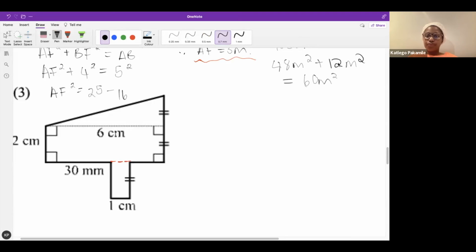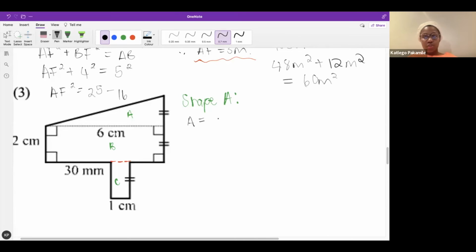So let's start with area of, firstly, I suggest you name them because that just makes life easier. A, B, C. So now we're going to start with area of shape A, which is a what? A triangle. So what is the formula for area of a triangle?